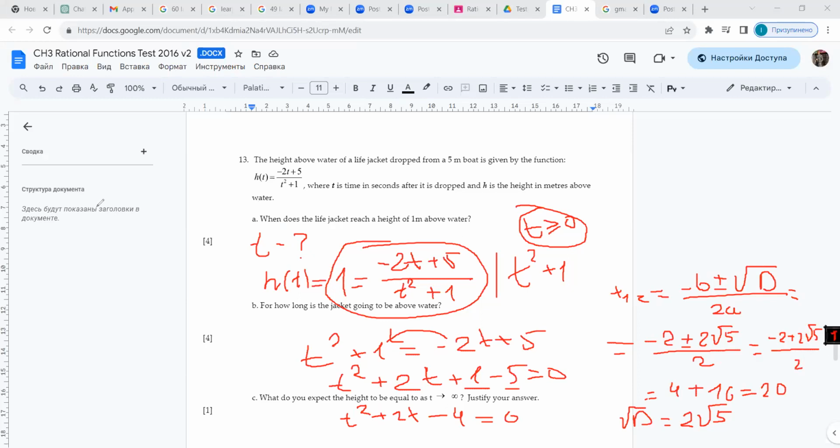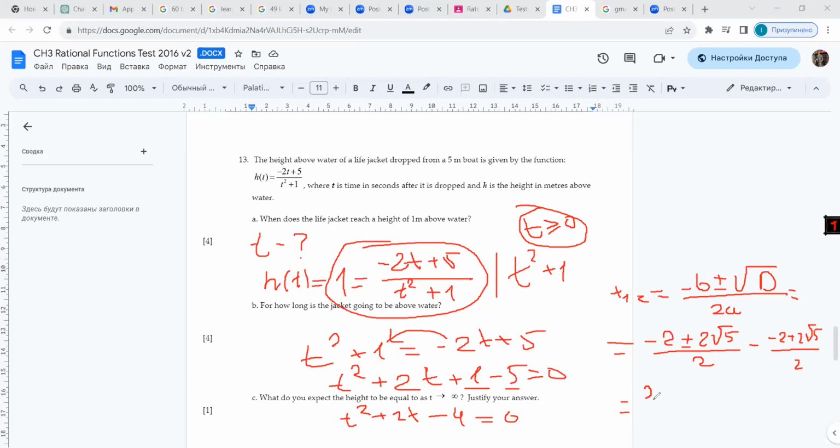And basically you could leave it as it is, because you could leave this as your answer for this one, okay? Or you can even simplify it in the following way. So we factor out 2 from here.